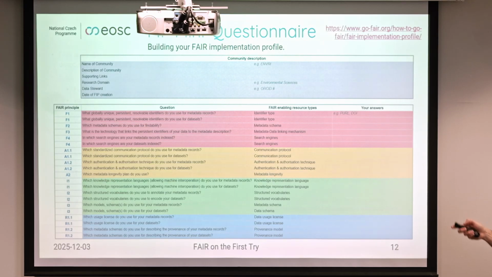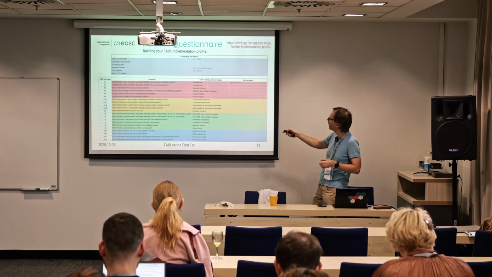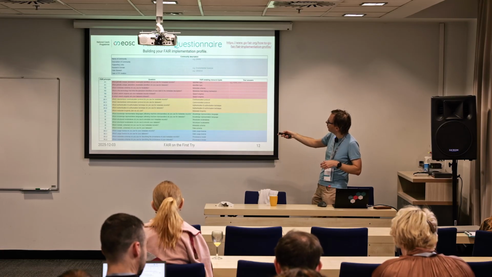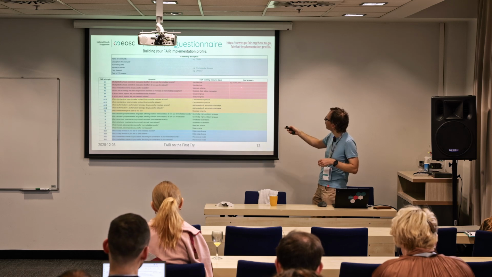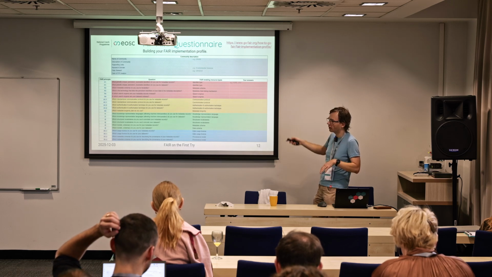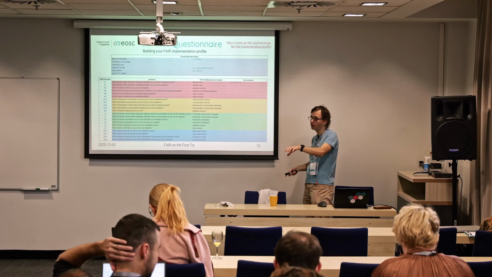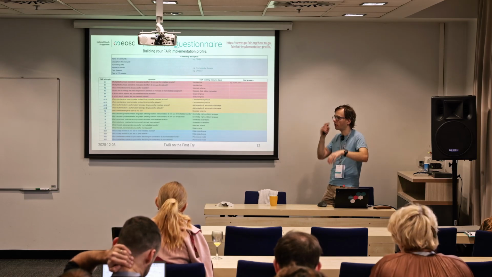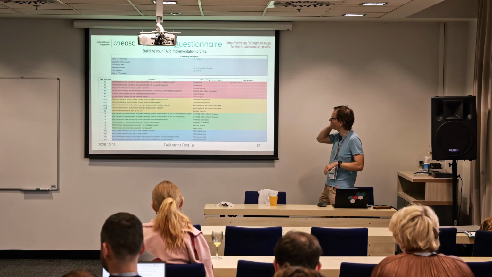For example, a FAIR profile can provide you with a list of concrete requirements for the data set, and then you can specify how each concrete requirement is fulfilled. For example, if you need a persistent identifier, okay, you can tell we are using DOI, for example, or handle, or any other ID.